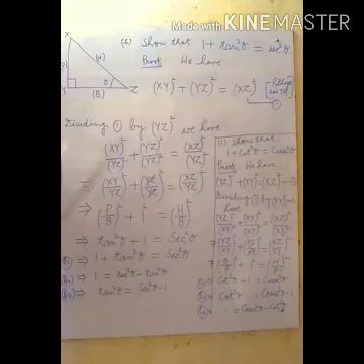Try to follow. P upon b means perpendicular upon base. It is the ratio of perpendicular upon base, and you know what it is called. It becomes tan of theta. Tan of theta whole square is there, so it becomes tan square theta.